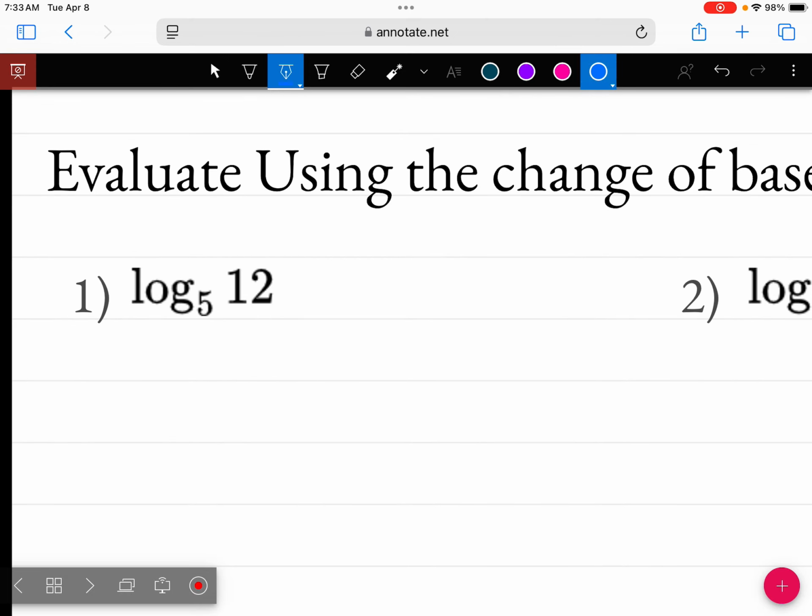The way we can tell that this is going to be needed here is we have our base, we have our argument, and we're trying to figure out what the power is. So if I tried to switch this around into our exponential form, we would get base of 5 to what power equals 12. Do we know what power of 5 gets you to 12? Is that a thing we know?